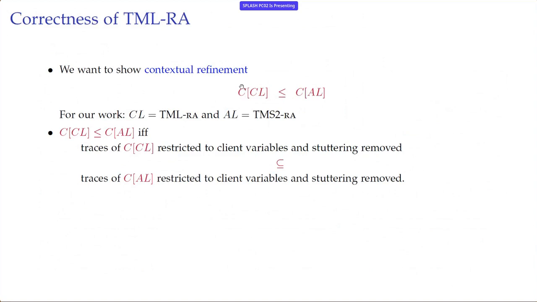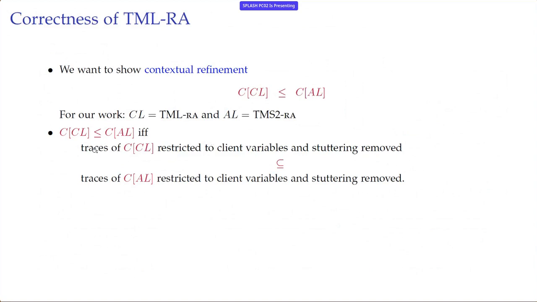What we'd like is for some client, when it uses the concrete library, to be a refinement of the same client using the abstract library. The concrete library in our case is going to be TML, but the release acquire version, and the abstract library is going to be TMS2, which is the specification I showed you before, but the release acquire version again.